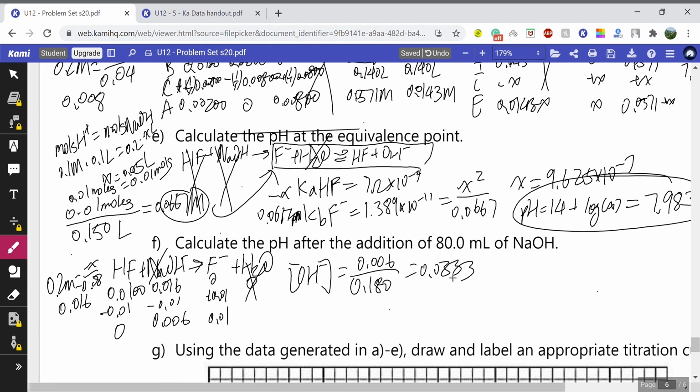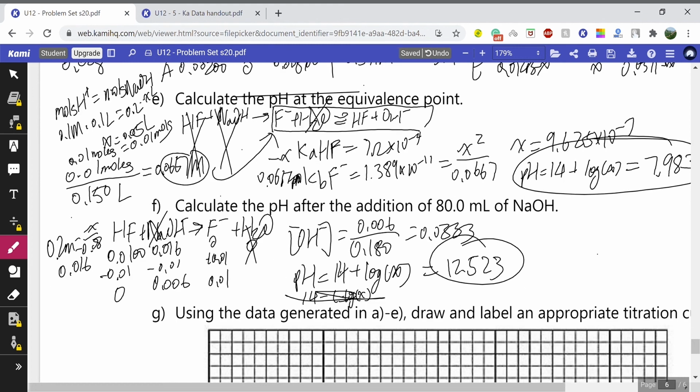Now that I have a concentration of OH minus, pH will be 14 plus the log of x, or 14 minus the negative log of x. Now this will be 14 plus log of x, which will give us a pH of 12.523, and that is our pH.